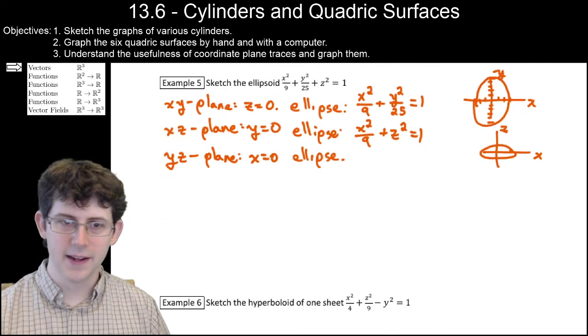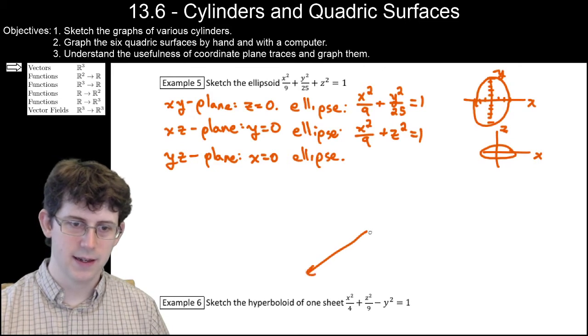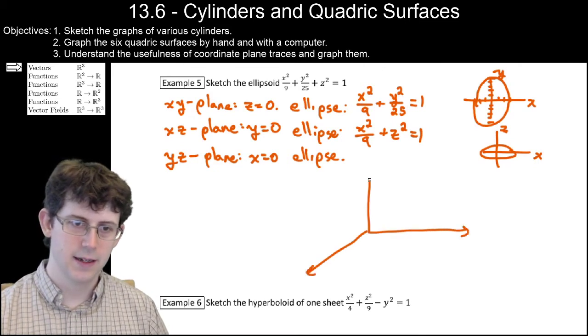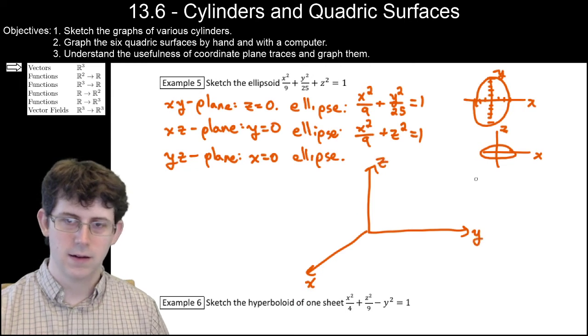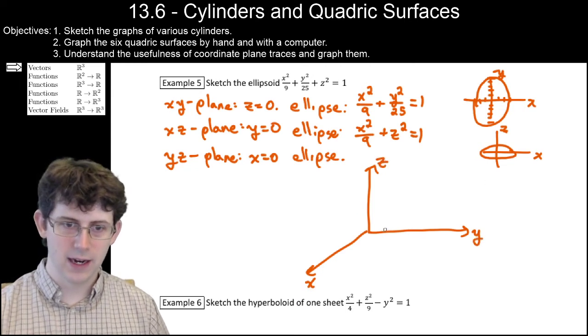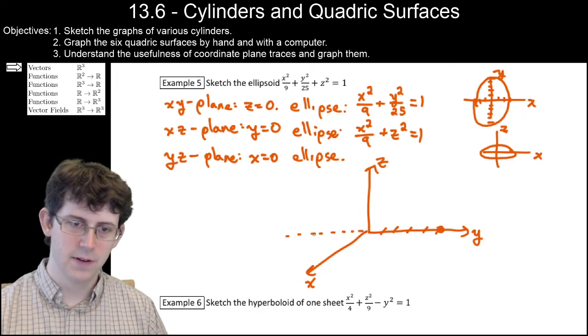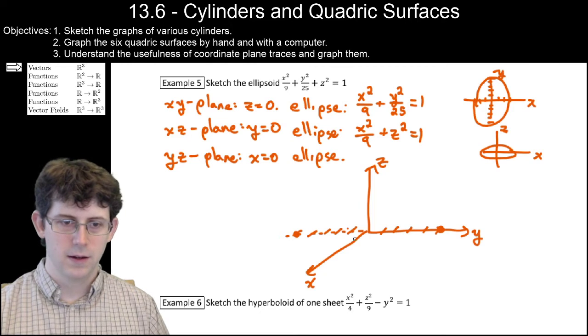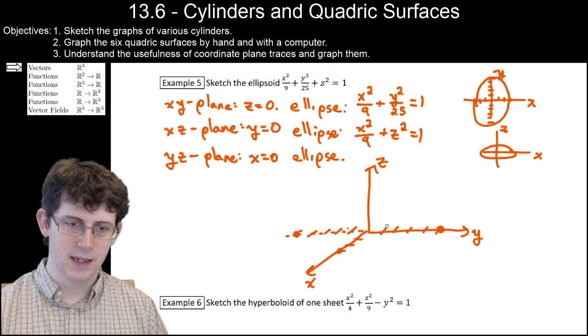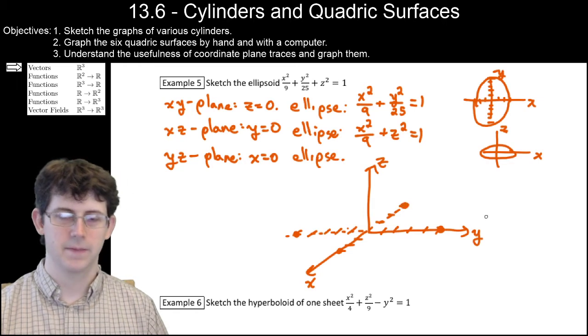If we put all this together, we can try to draw it, and it won't be a total disaster. In the xy plane, we go out to y equals 5 and y equals -5. X equals 3 and x equals -3.